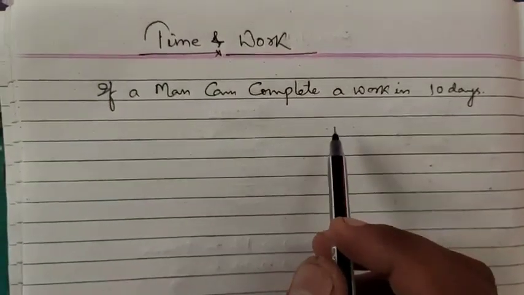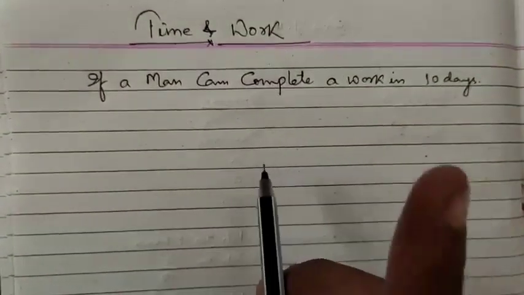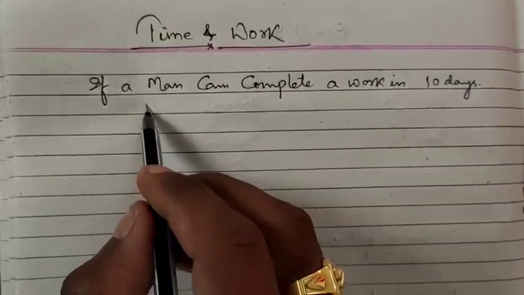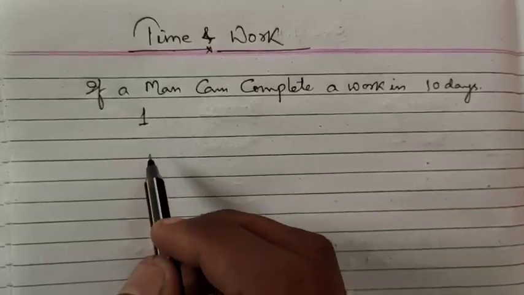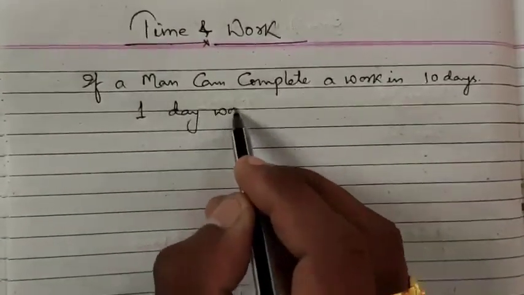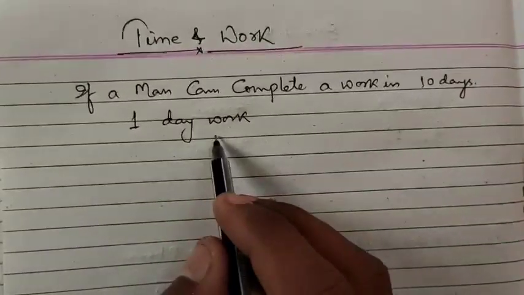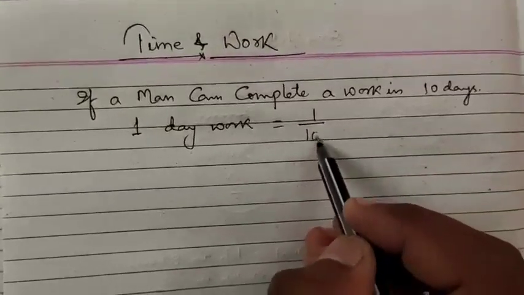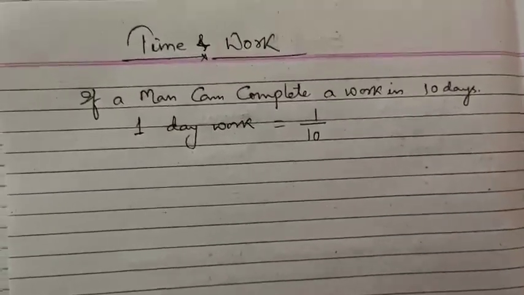Now, in this type of question, we have to reach again to 1. The same man can complete the work in 1 day. How much work can be completed in 1 day? The second step will be 1 day work. And whenever we are calculating 1 day work, we will take the reciprocal of the total days in which the work will be completed.